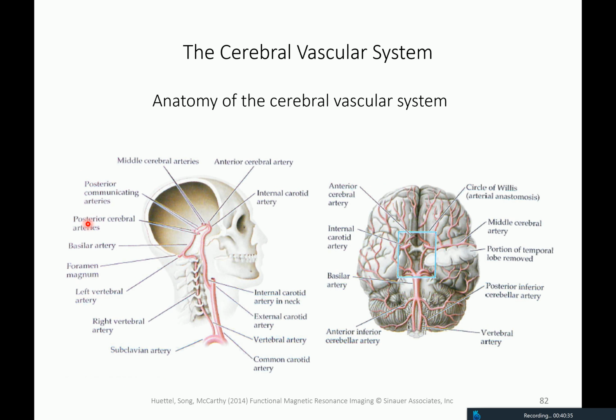This is now just reminding you of the blood supply of the brain, which you should actually know about. So there is of course the aorta, leading up to a subclavian artery, and then there are two main supply chains, one being the carotids, which you can feel at your neck, and there's also the vertebral artery, which goes up your back neck and enters via the foramen magnum.